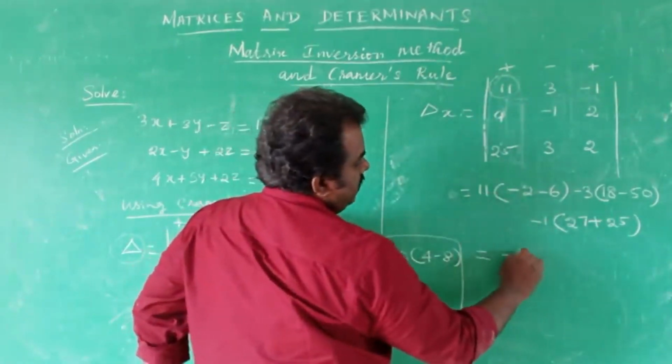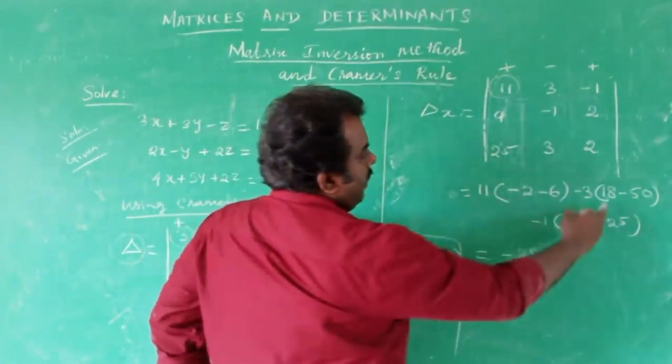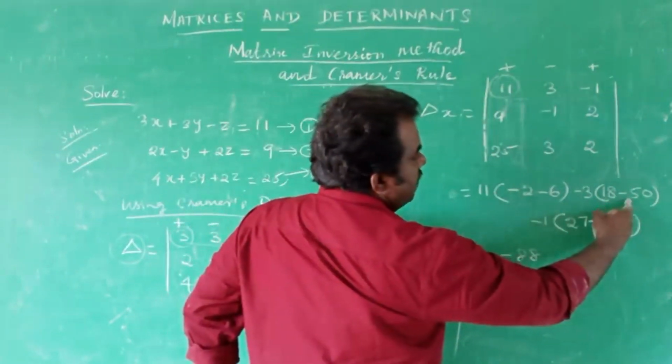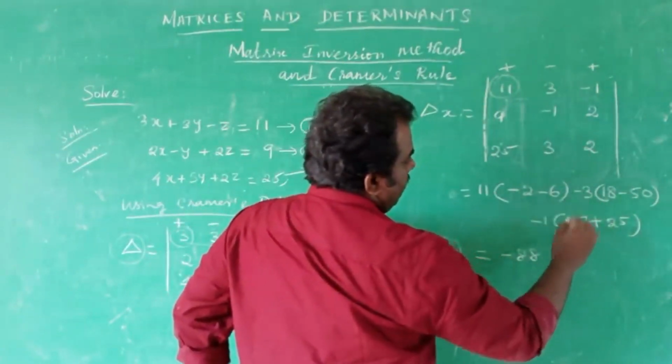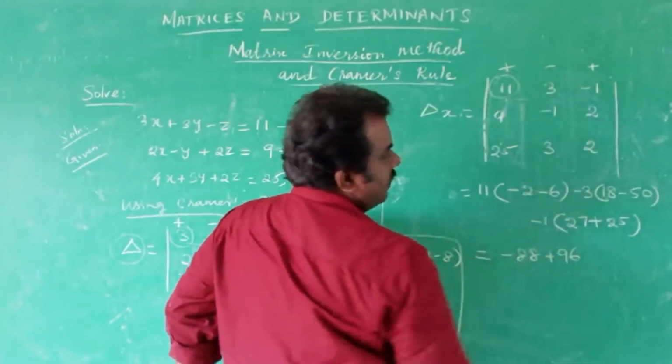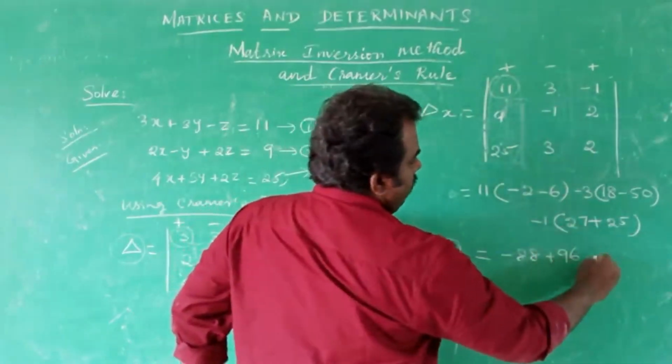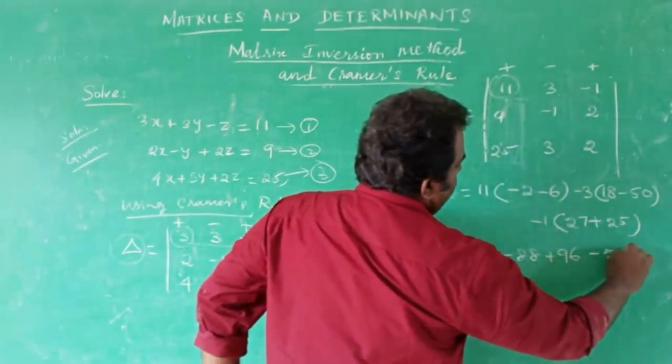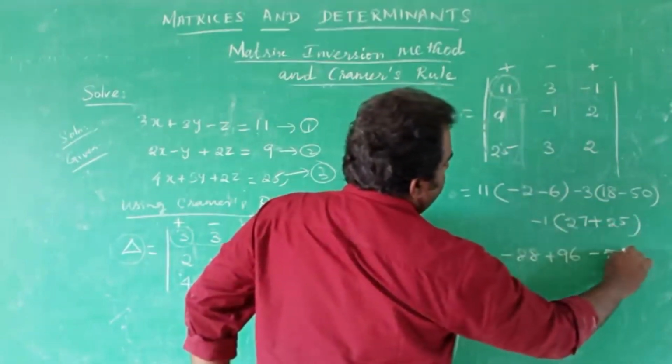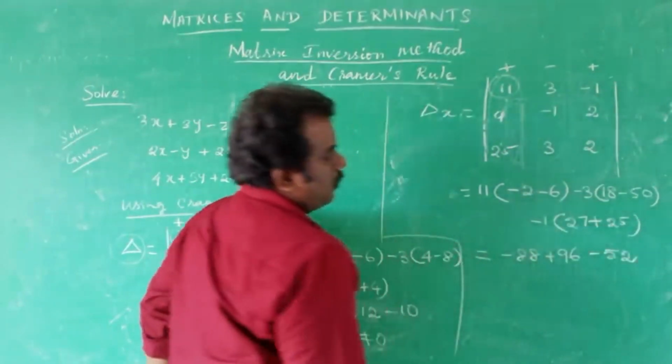11 into -8 is -88. 18 - 50 is -32. -32 into -3 is plus 96. 27 plus 25 is 52, that is -52.